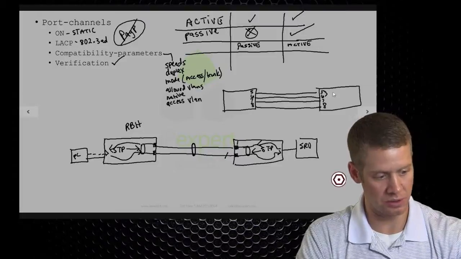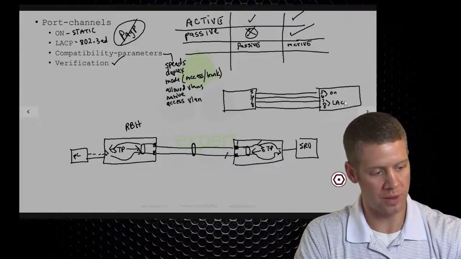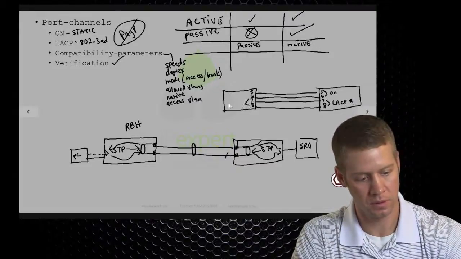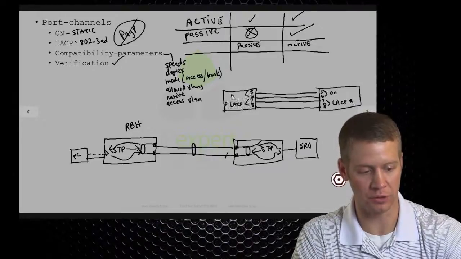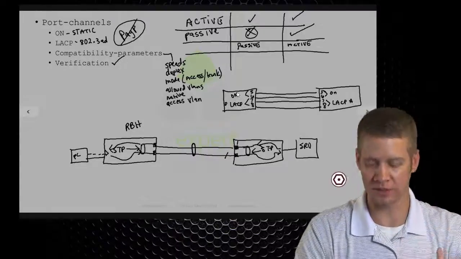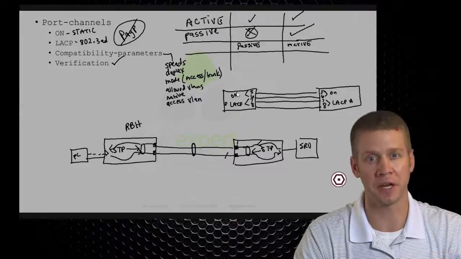So on these top 2, I'll do on. On these bottom 2, we'll do LACP active and passive. And then on this guy, we'll do on. Because I really want you guys to be aware of how this looks and how the configuration looks at a really basic level so that you have a good understanding of the technology.